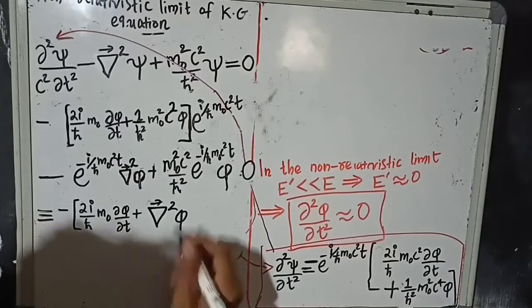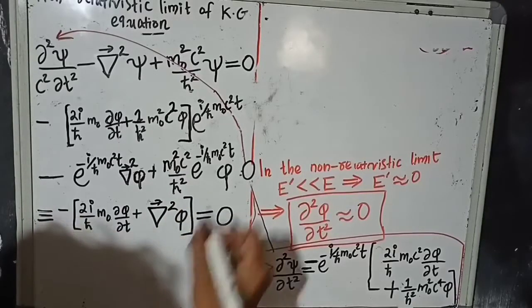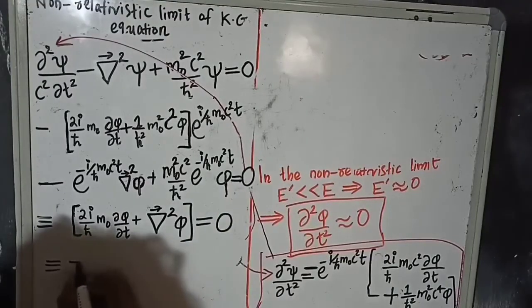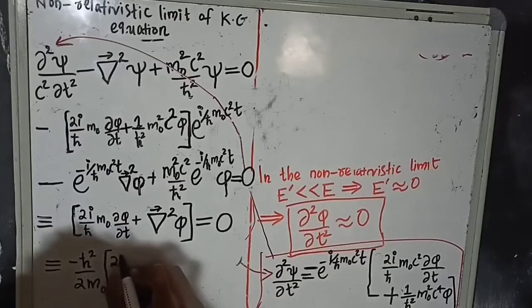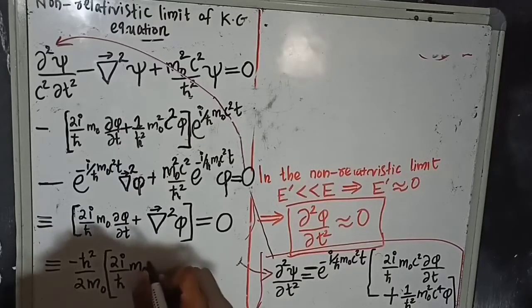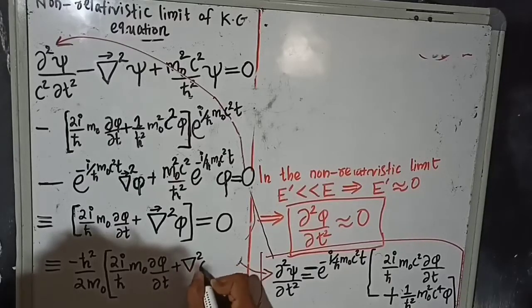Let's multiply this whole equation with minus ħ²/2m0. On doing so, you can simply see that the second term becomes the kinetic energy operator, and the first term becomes the energy operator.